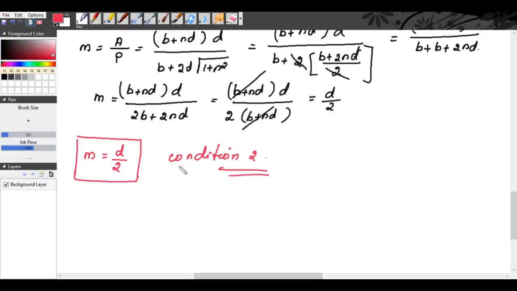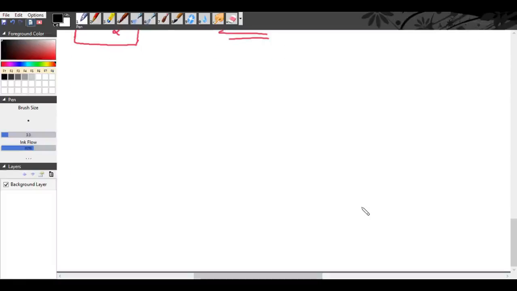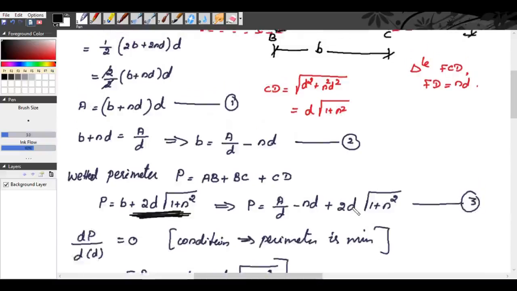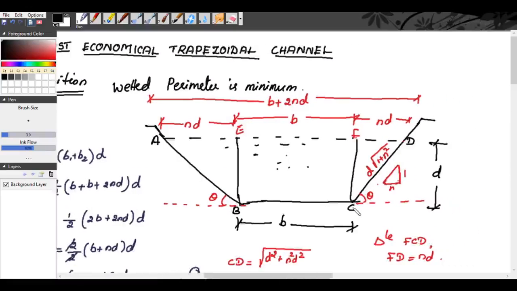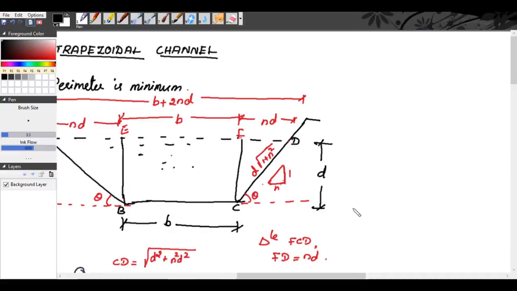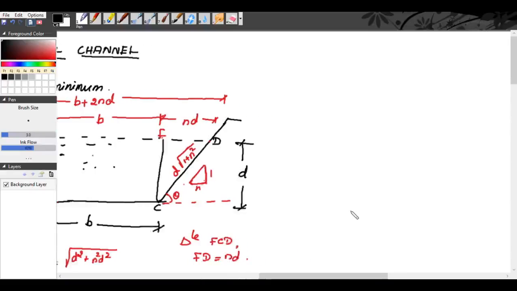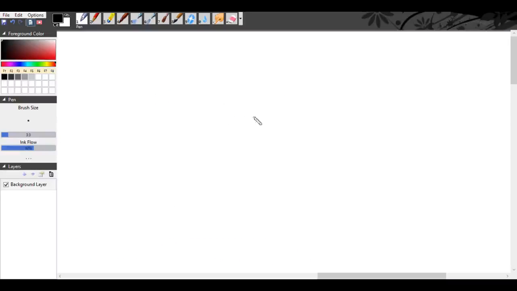So for that one more condition, we will draw once again the trapezoidal channel. Space will not be enough. For the next condition, we will draw the channel section once again.